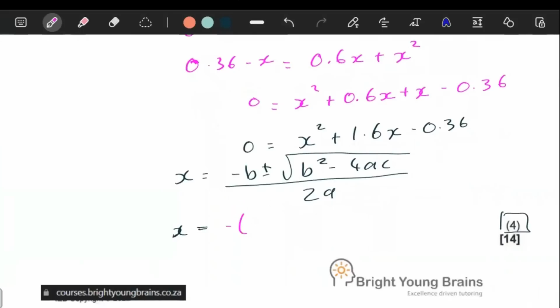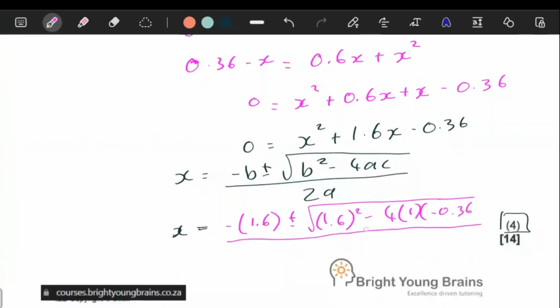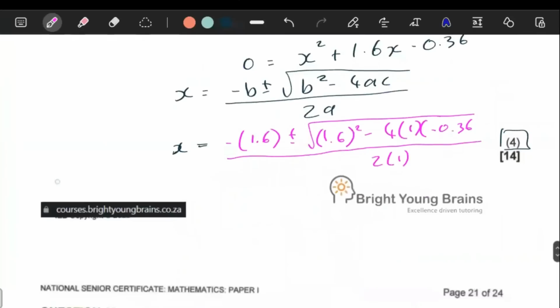So b here is like 1.6. You have 1.6 squared minus 4. The a value is a 1. The c value is negative 0.36. There you go. So x is equal to whatever this value is. Let's put it all in the calculator.